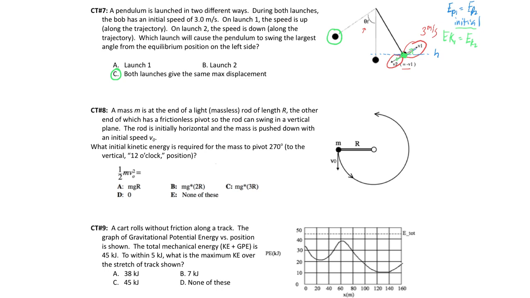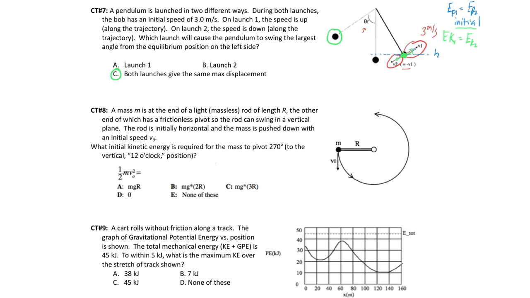Now, if there's air resistance, then obviously our answer would be a little bit different. If we consider air resistance, then the pendulum that swings further would have more air resistance, so it would have more of a chance to lose energy, right? Remember that work is equal to force times distance, or force times displacement. So if it travels further, then it's going to actually have more air resistance.